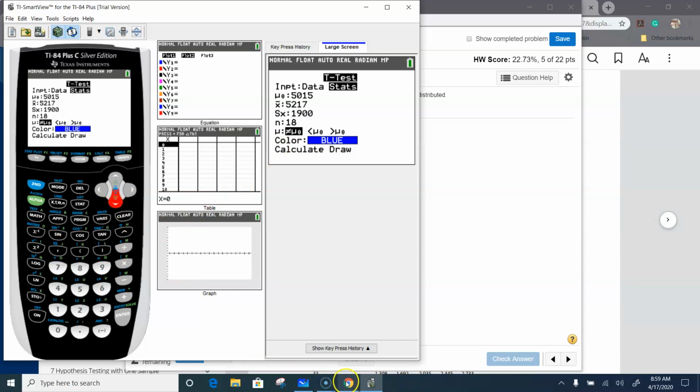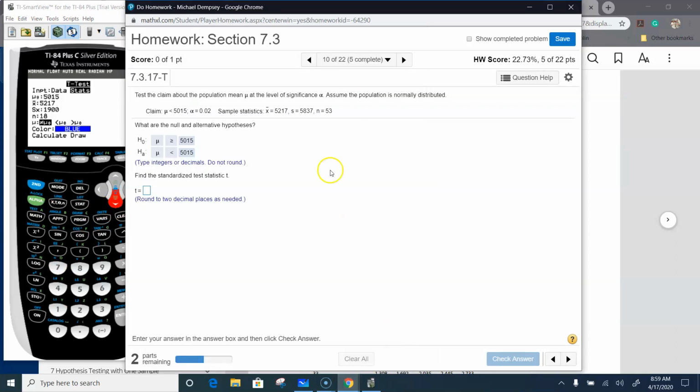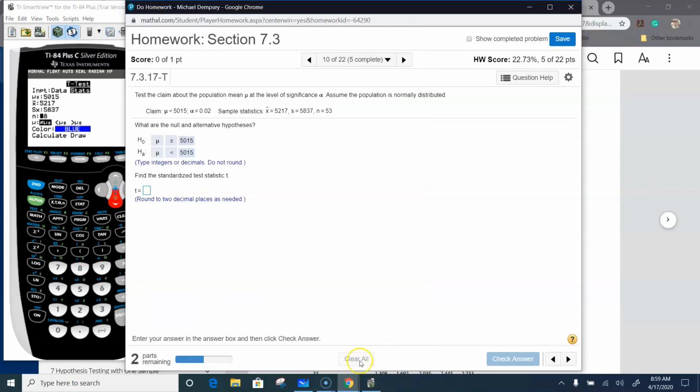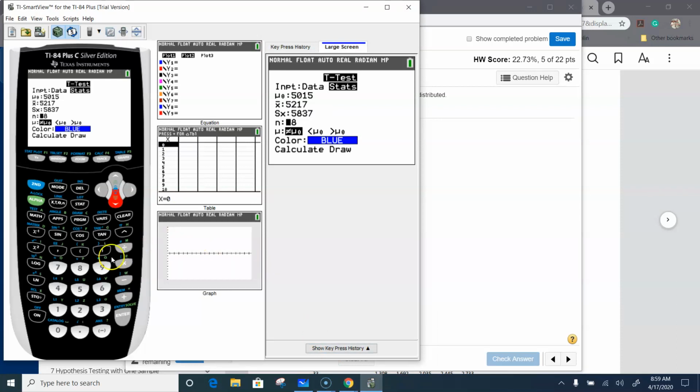And our sample standard deviation, they give that to us too. We have it, it's 5837. And then finally, they give us our sample size, which was 53. We don't have to go to 52 degrees of freedom. The calculator will figure that out for us.